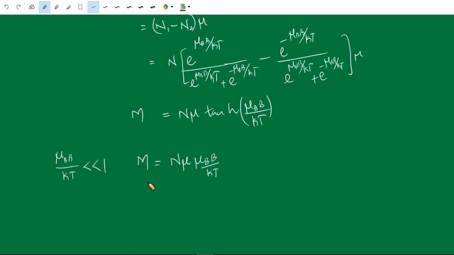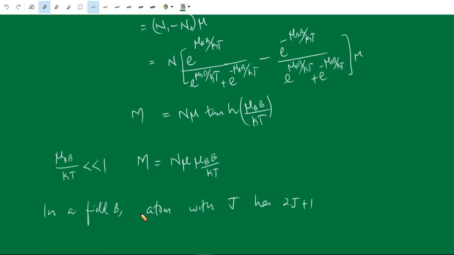Now, in general, for an atom with total angular momentum J in a magnetic field B, with angular momentum quantum number J, there are 2J plus 1 equally spaced energy levels.